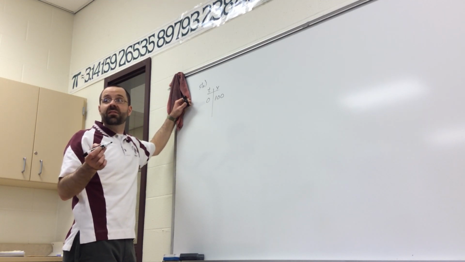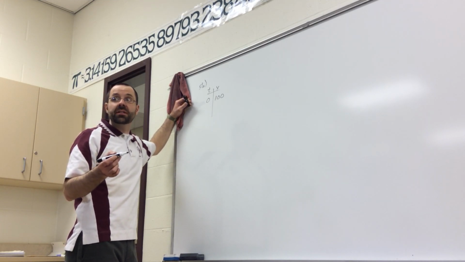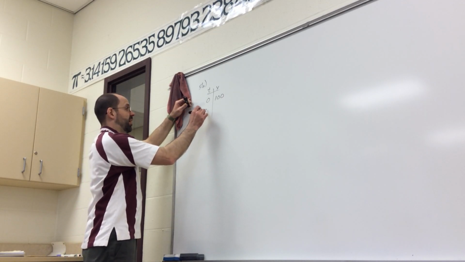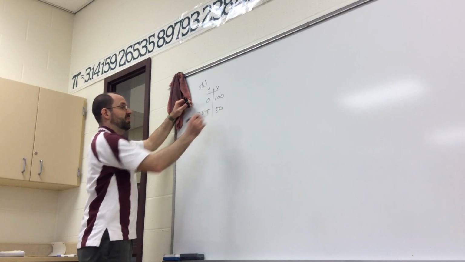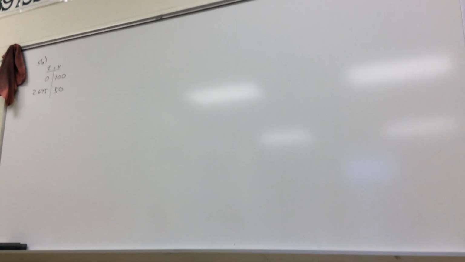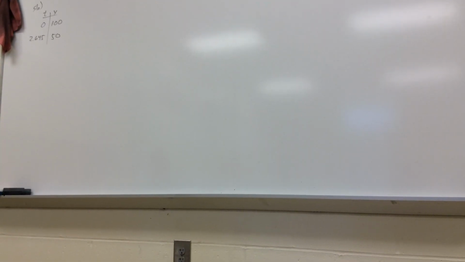So then the half-life is 2.645. So that means after 2.645 years, there's only going to be 50, or whatever it is, I don't know, years, months, minutes, seconds. So yeah, 2.645 years, it's going to be down to 50 grams.